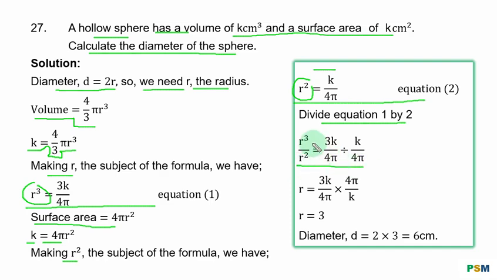If you divide r cubed by r squared, you have r equal to, you change this sign to multiplication, you invert this fraction, you have this result. 4 pi cancels 4 pi, k cancels k, r is equal to 3. Diameter d becomes 2 times 3, and that is 6 centimeters.